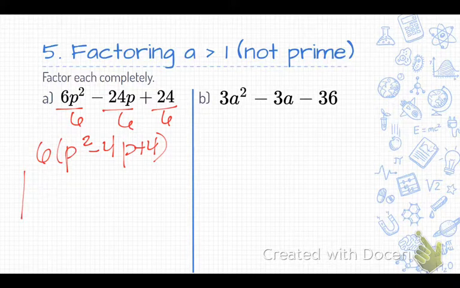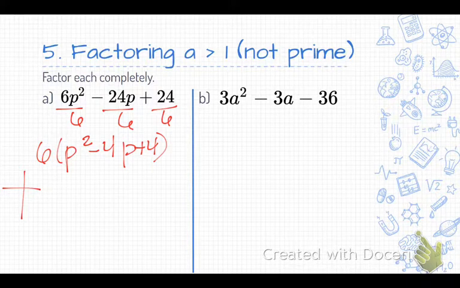Okay, what multiplies to -4 and adds to +4? -2. Wait, hold on. Did I switch? Okay, sorry. Let's try this again.